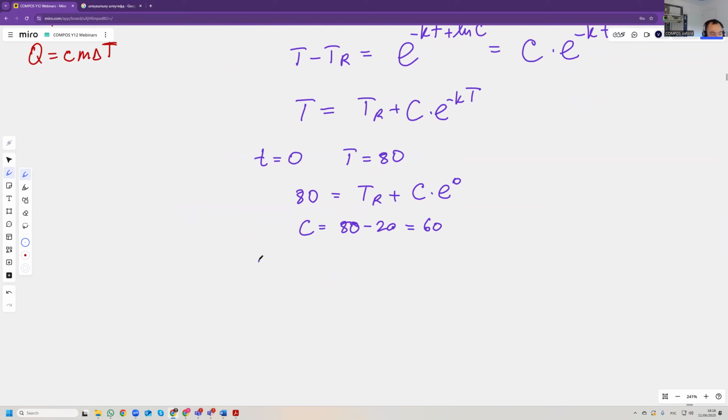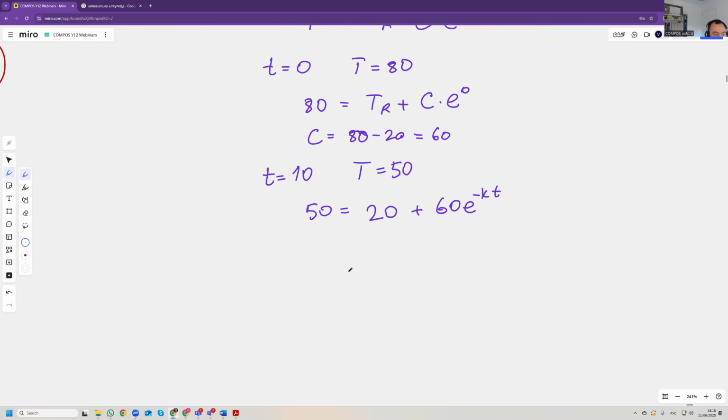And now we want to find k. To find k, we substitute t equals 10 minutes, and the temperature is 50 degrees. So 50 equals the temperature in the room, 20, plus 60 multiplied by e to the power minus k times 10.